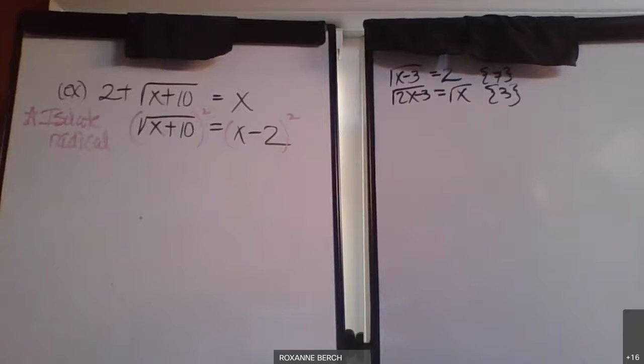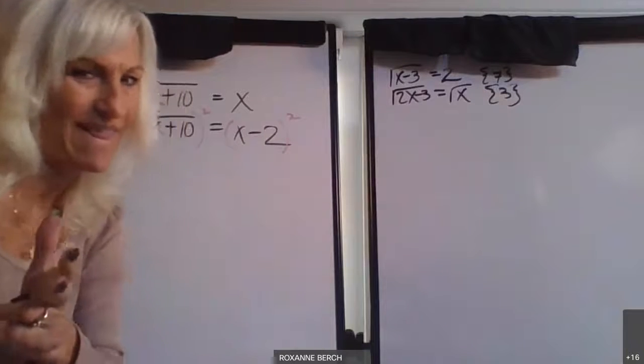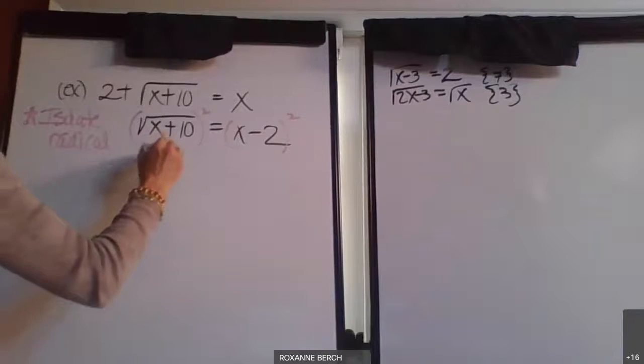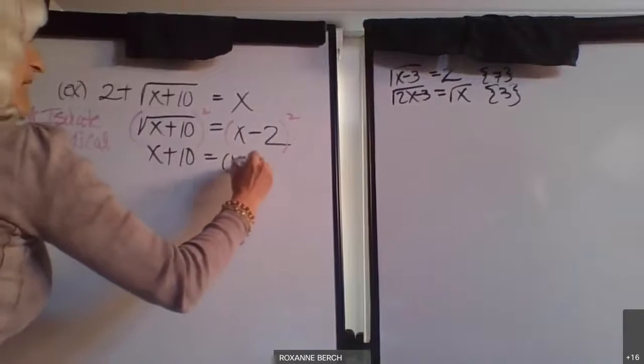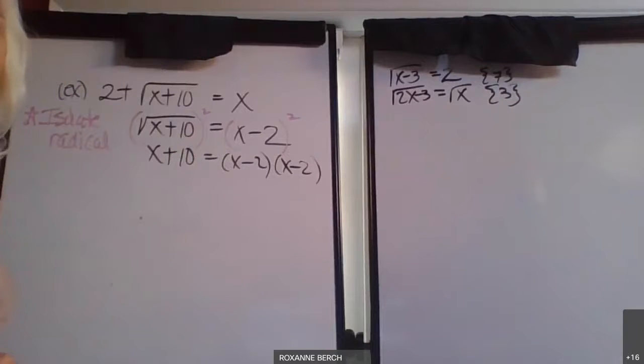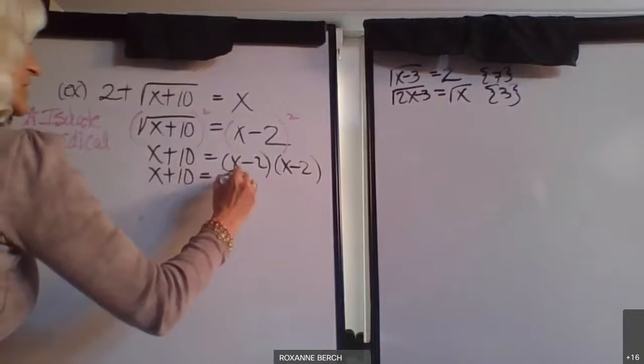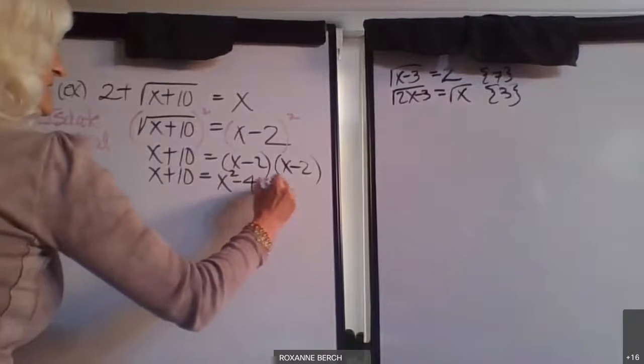When you square a square root, remember that whenever you square, you got to check. So this would be x plus 10 is equal to x minus 2 times x minus 2. You cannot distribute a power across a difference. So this would be x plus 10 is equal to first, outer, inner, last.